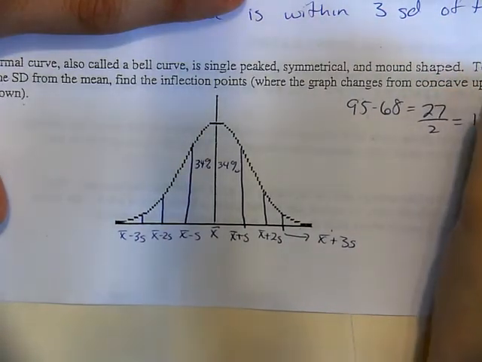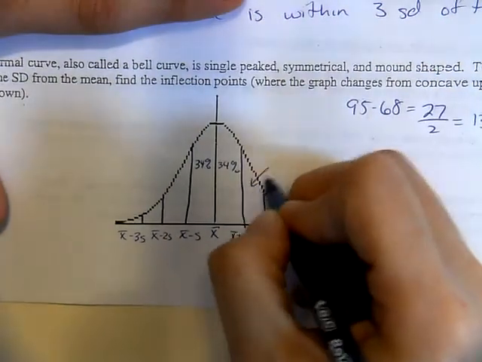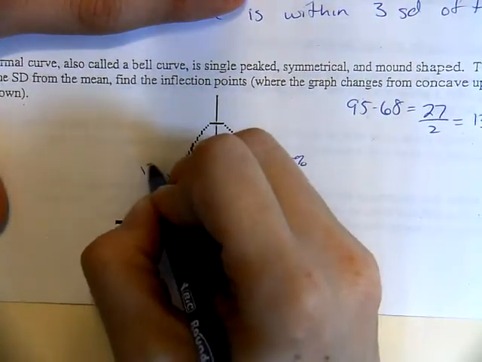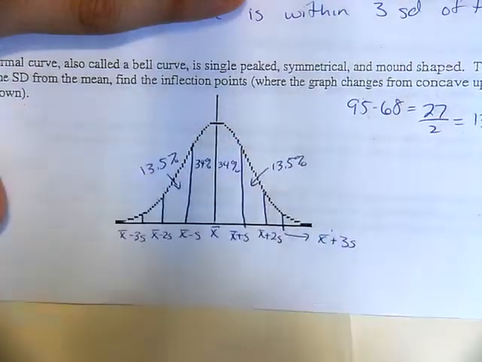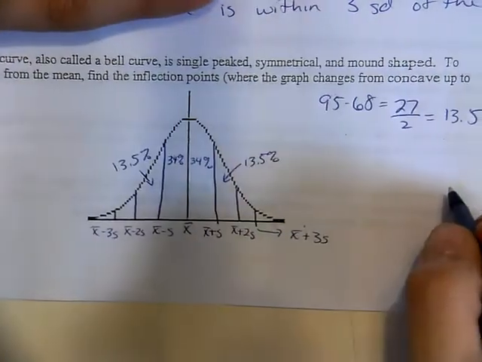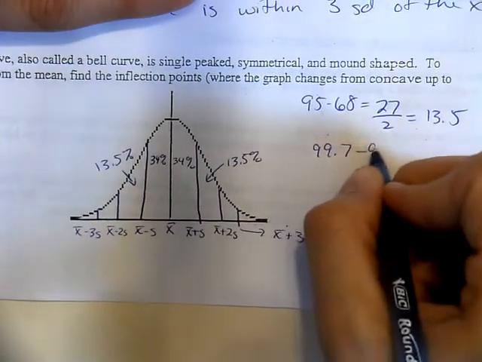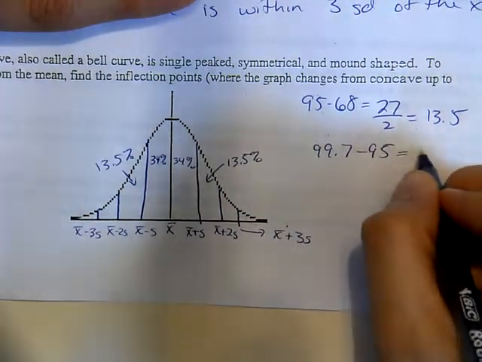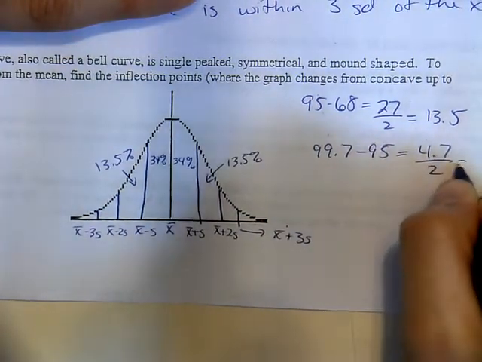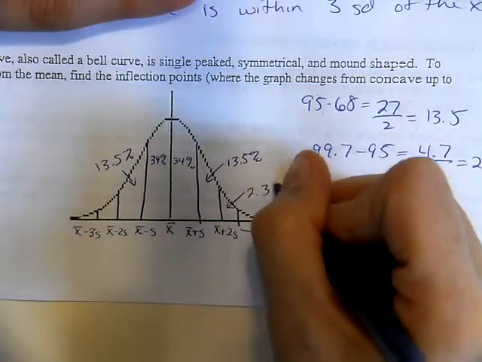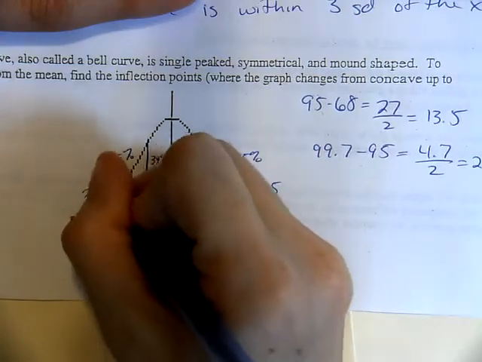Cut in half, I get 13.5. So there's 13.5% in each one of these bars. That's the amount of data. Then, if I do 99.7 minus 95, I get 4.7, so 2.35. So in here it's 2.35, 2.35.